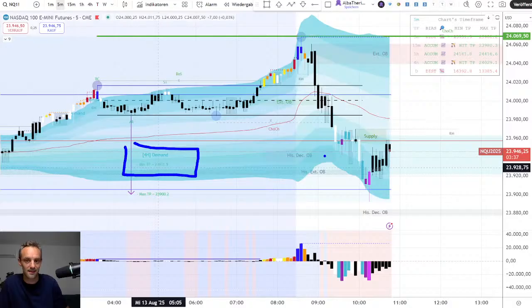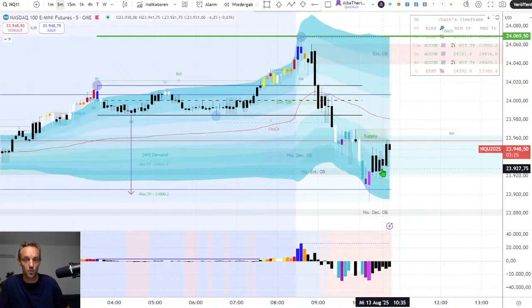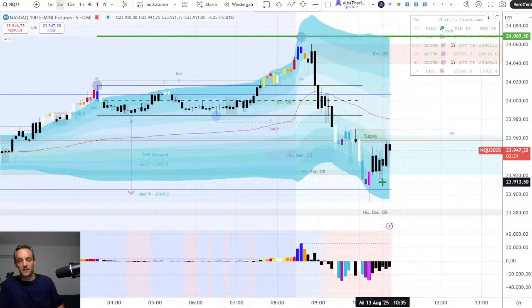That's nice to know, but actually it doesn't mean anything that this level will hold from my point of view. So you need to put everything into a bigger context, into the bigger picture, and then you need to work.